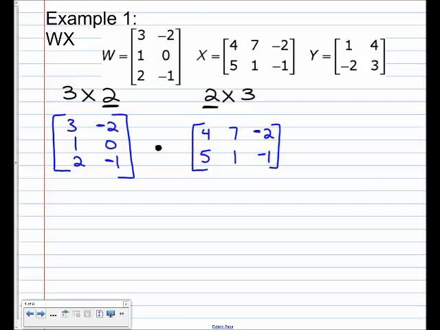Underline those two numbers. And what do you notice about those numbers? They are the same. If those numbers are the same, then this is possible. If those numbers are the same, they won't always be 2. They could be 3 or 4, whatever it is. But they have to be equal. That means it's possible. So this is possible. Everyone okay?